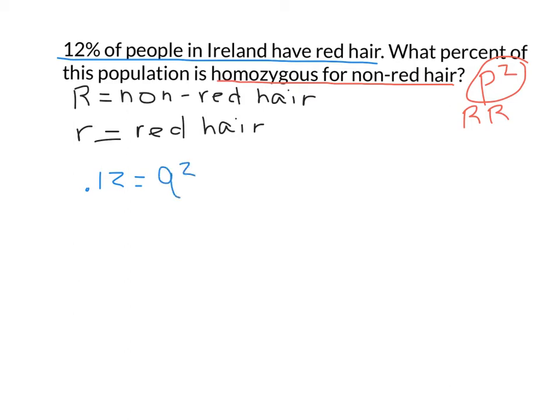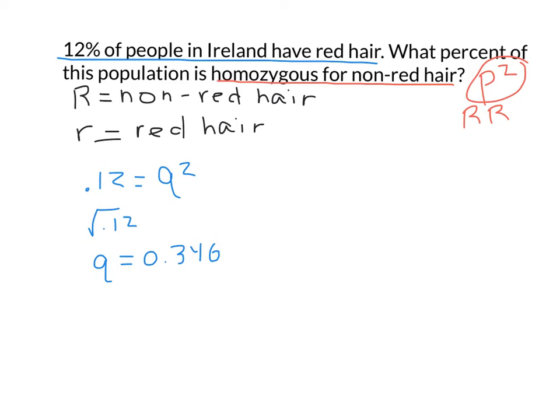So now that we have q squared, we can find q. This can be done by just taking the square root of 0.12. So then our q would equal 0.346. So now we already have our q squared and our q.